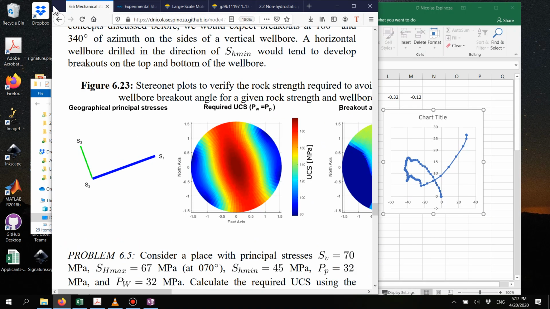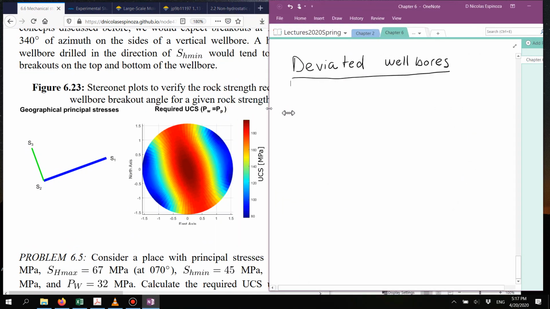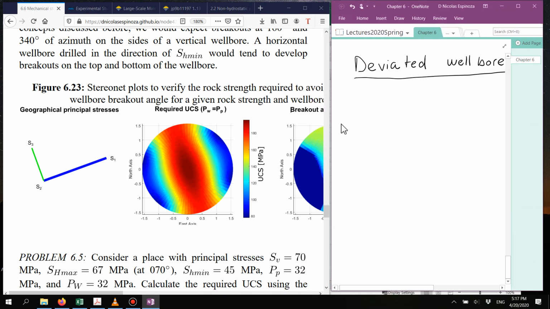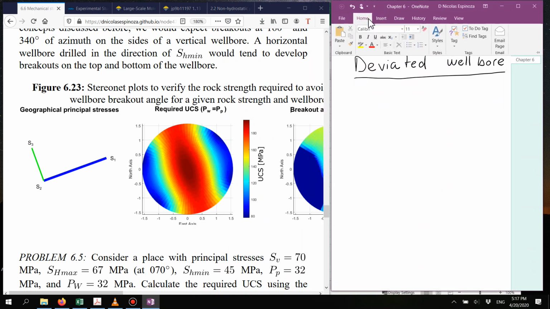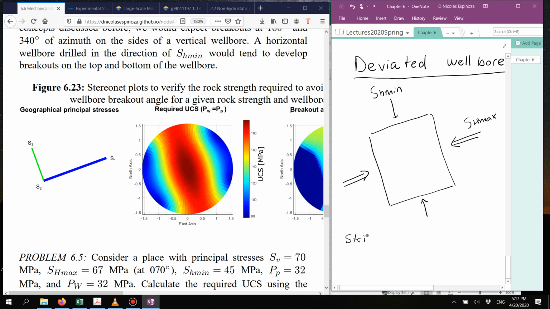Let me draw that in order to help in trying to depict what I'm saying. In this case, we have SH max going in this direction, SH min going perpendicular to SH max, and in this case, this is a strike slip.